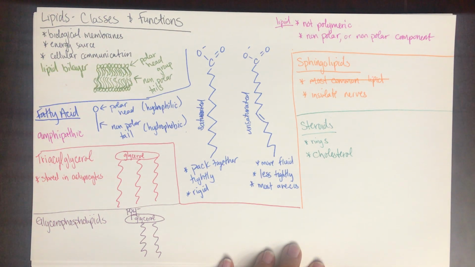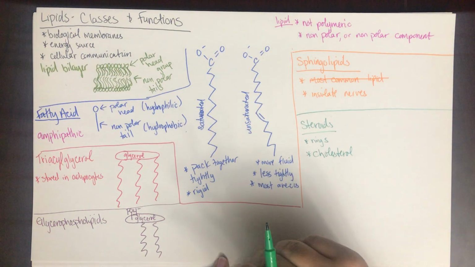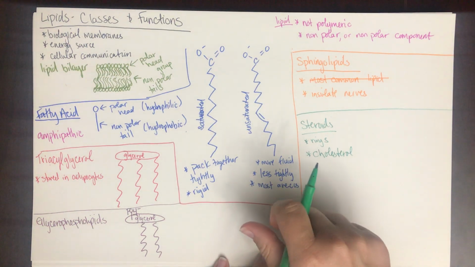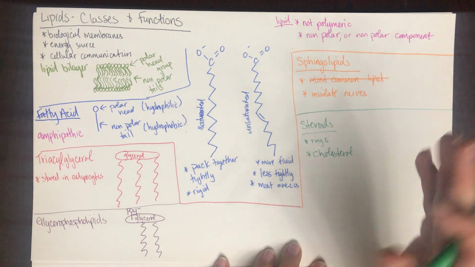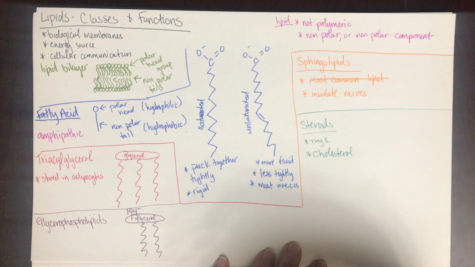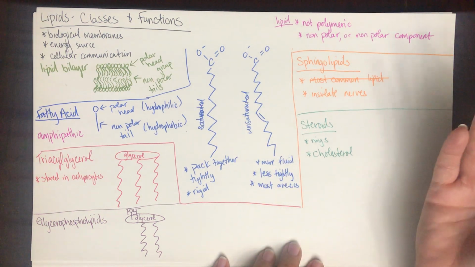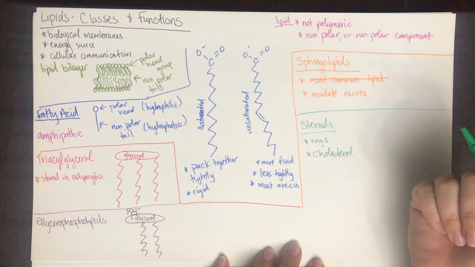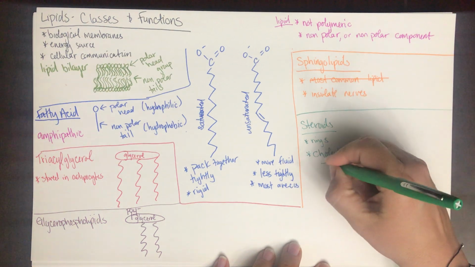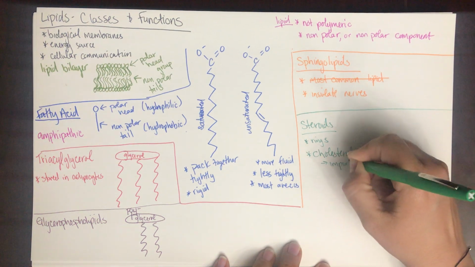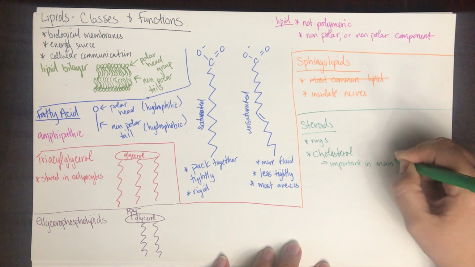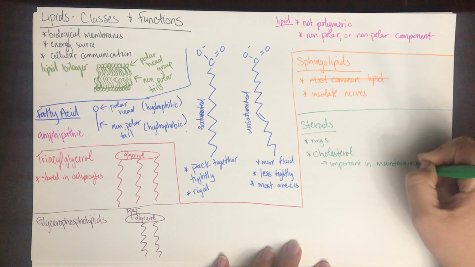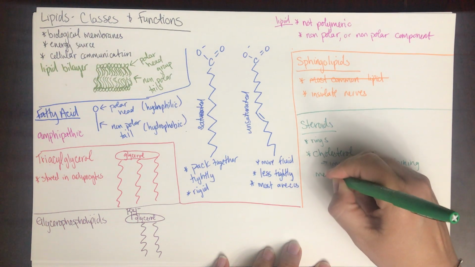So there's a kind of perfect ratio for which cholesterol makes the fluidity of a membrane just right. Too little cholesterol decreases the fluidity. Too much cholesterol decreases the fluidity. But cholesterol is important in maintaining membrane fluidity.